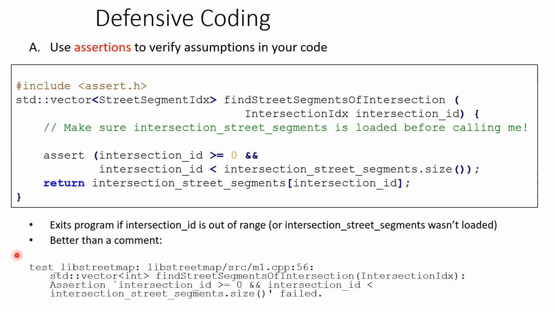It will exit the program if the intersection ID is out of range or intersection_street_segments wasn't loaded. This is better than a comment because it's checked at runtime, and it will give useful error messages.